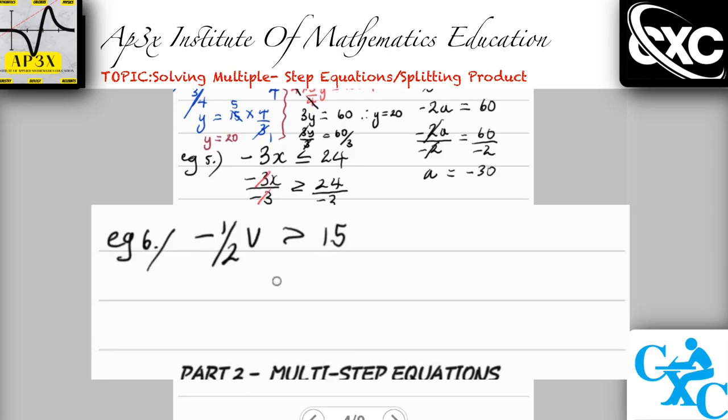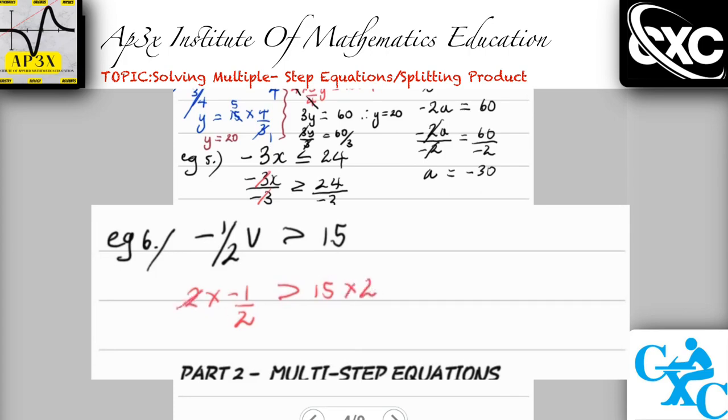Here I'm going to use the traditional method: multiplying both sides by 2. So I'm going to end up with 2 multiplied by minus 1 over 2, and that's greater than or equal to 15 multiplied by 2.